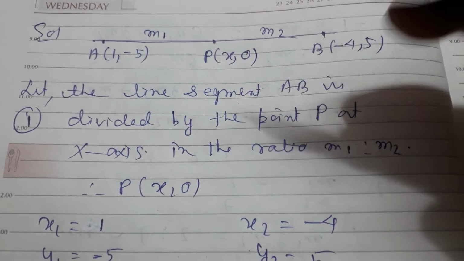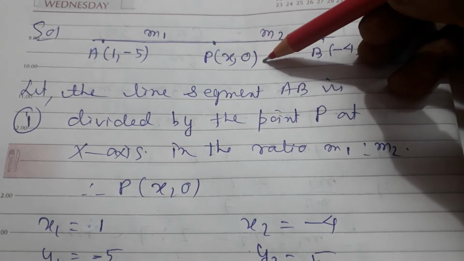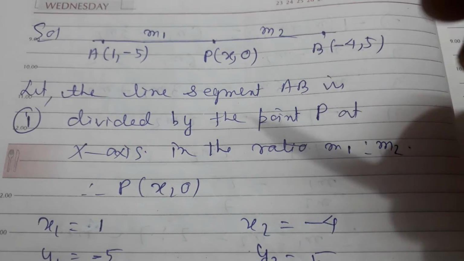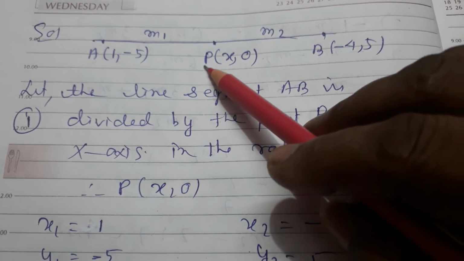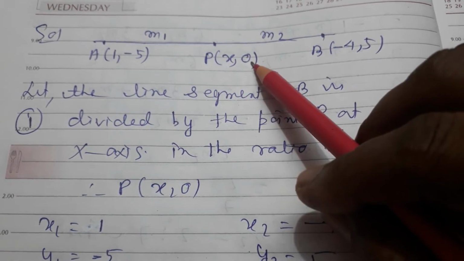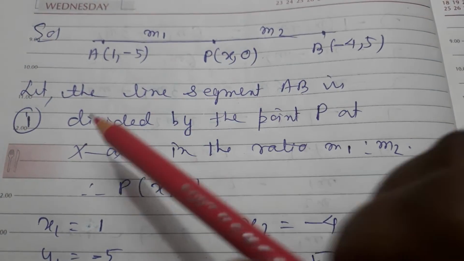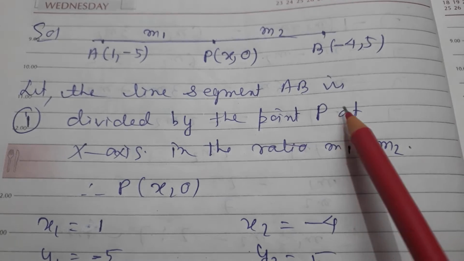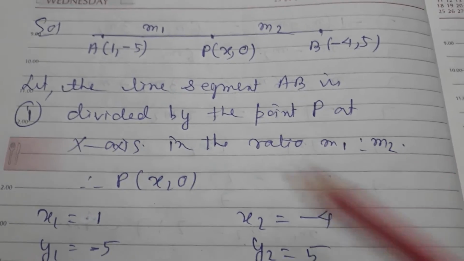You know a point on x-axis always has coordinate (x, 0), and a point on y-axis has coordinate (0, y). So P is a point on x-axis, so second coordinate will be 0. So (x, 0). Let the line segment AB be divided by the point P at x-axis in the ratio m1 is to m2.